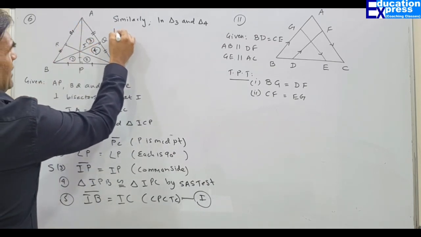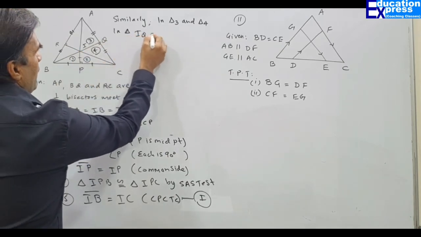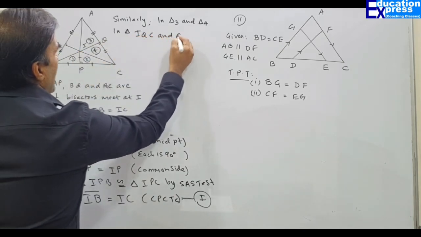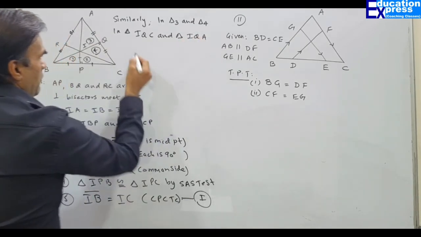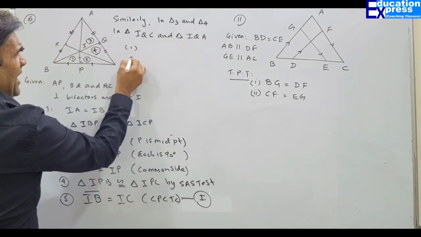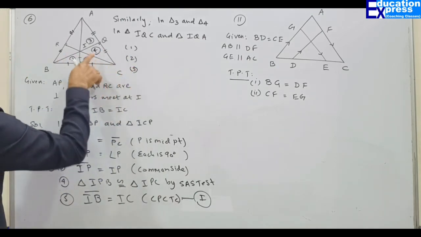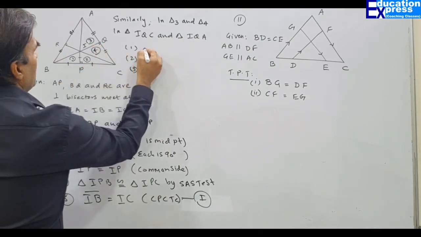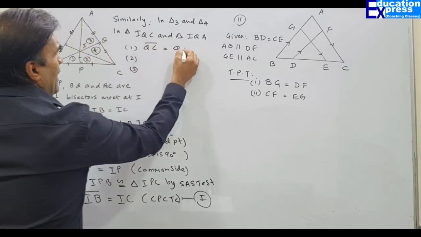So in triangle IQC and triangle IQA. Point number 1. Same test. So what? Simple. QC will be equal to QA.